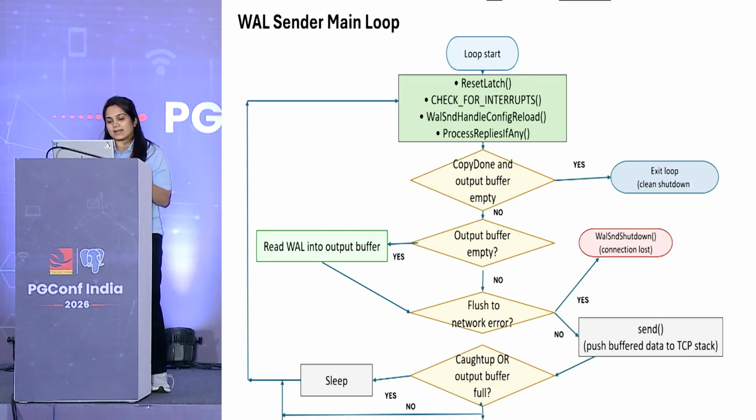Once that completes, it goes on to see if the WAL has been caught up, which is the last diamond shape that you see. That happens if the WAL has caught up, or if the output buffer is full. That means there is a lot of WAL in the output buffer to be sent over the network.